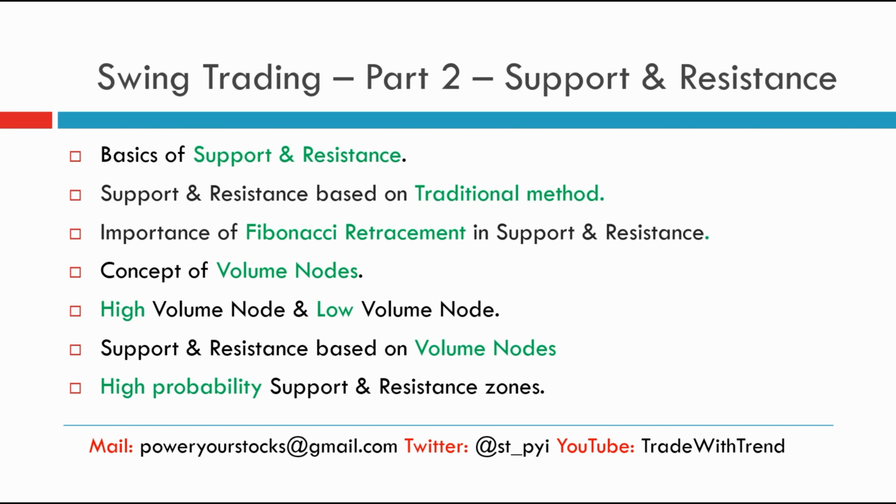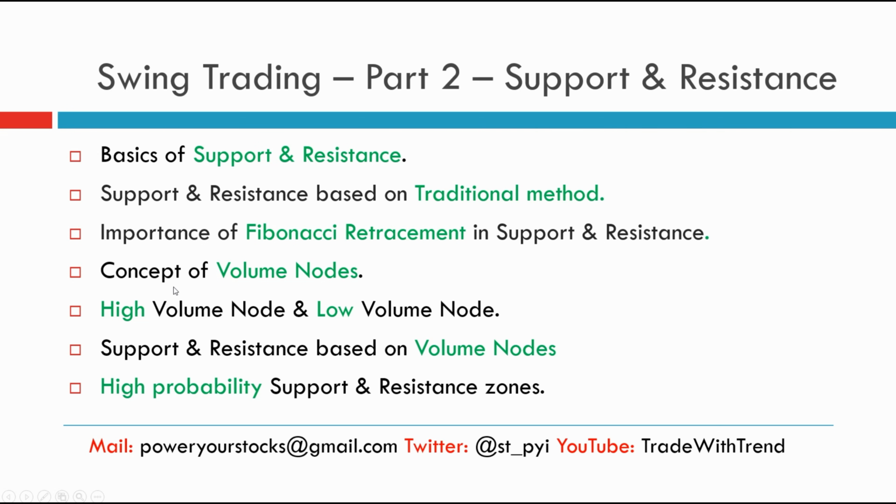So the learning objectives for this series is as follows. In this part, I'll be taking you through some basics of support and resistance. Then I'll be showing how support and resistance is applied based on technical analysis concepts. I'll also be highlighting the importance of Fibonacci retracement in identifying high probability support and resistance levels.